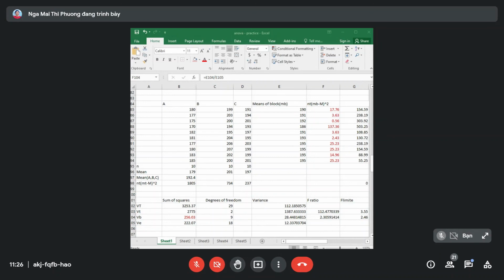Okay. And in the second case, which is F limit of variance of log, the value is 2.46.